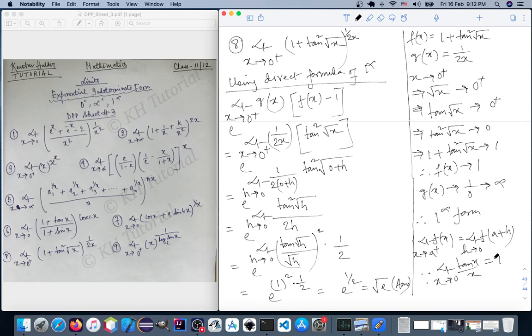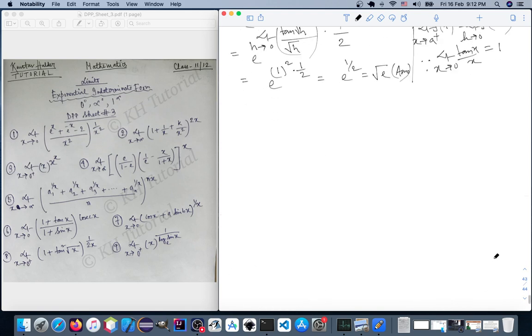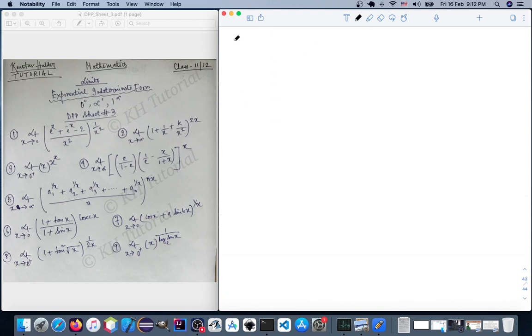Okay, let's see the next problem. Limit x tends to 0 positive, x to the power 1 by log e sin x.